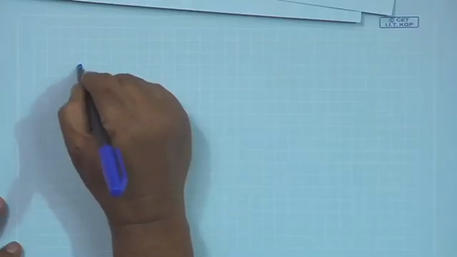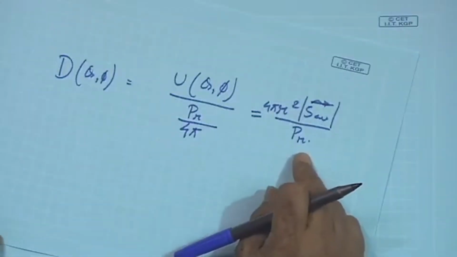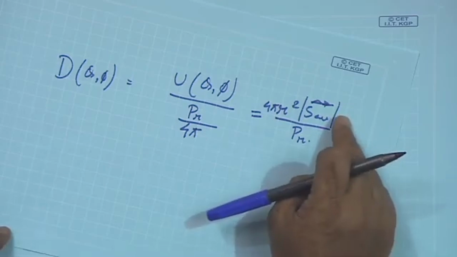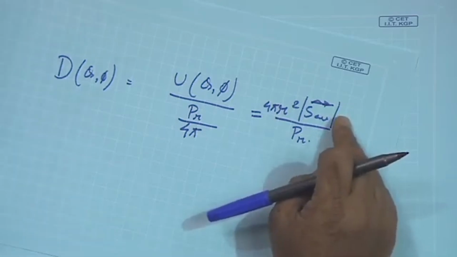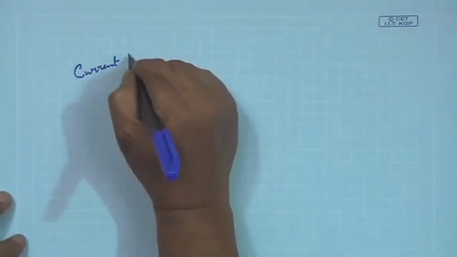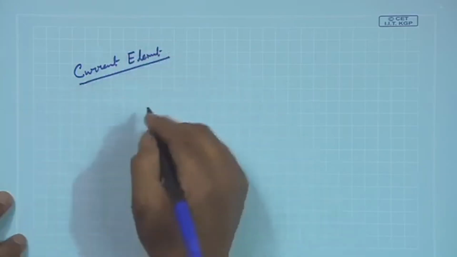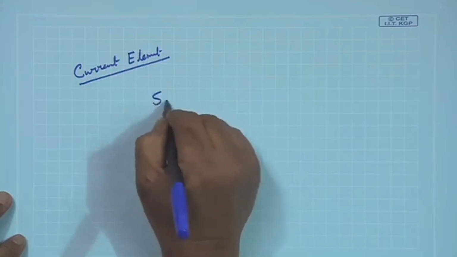So, for any antenna we can find that, but for current element let us find out this, because for current element these two things we know. We have already calculated the total power radiated, we have already found out the power density vector. So, we know this expression. So, we can easily find the directivity of the current element. So, current element, we have already found what was our SAV.